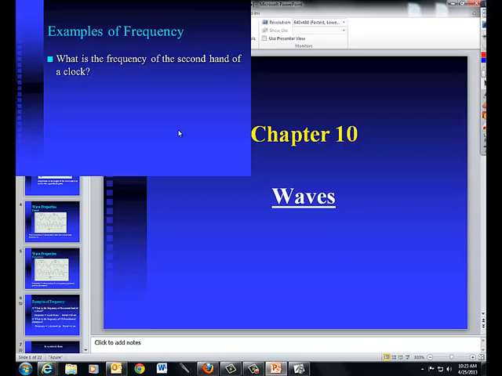We all know that a second hand of a clock counts off every second of a minute as it goes around the clock. So when you want to talk about frequency and period, you would say that the frequency of the second hand of a clock is one cycle, one time all the way around every 60 seconds.